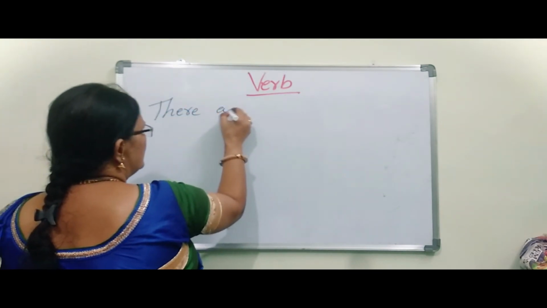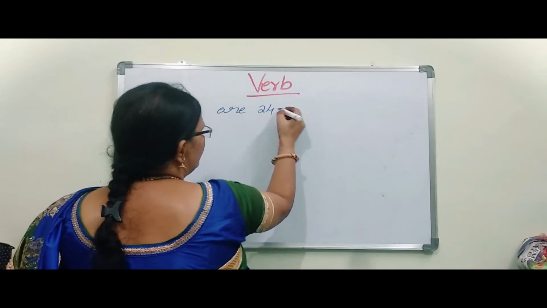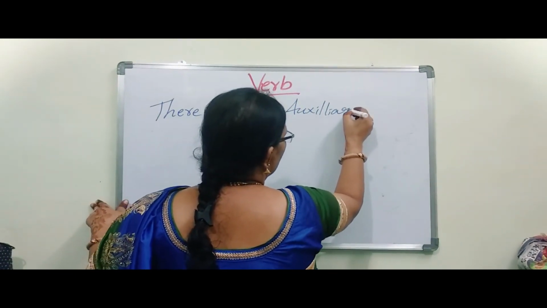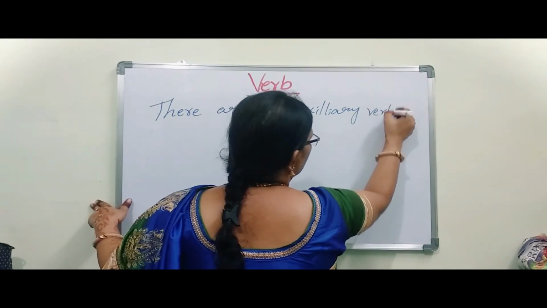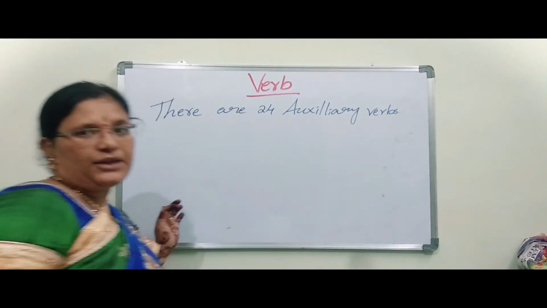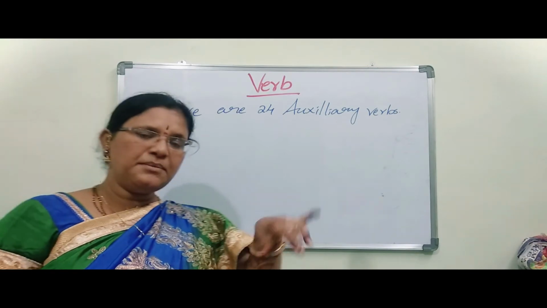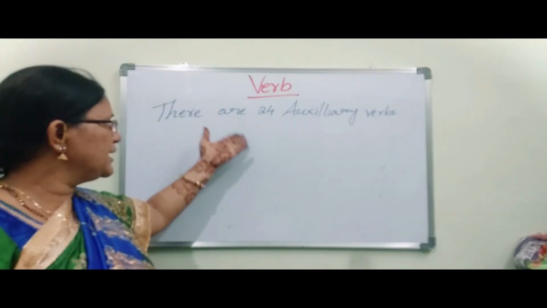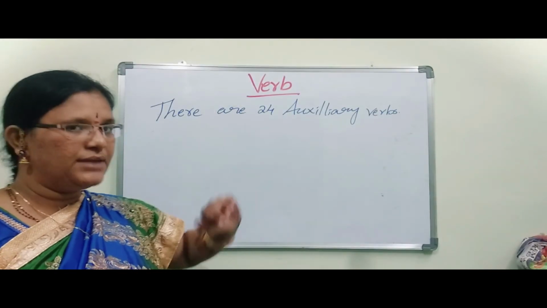There are 24 auxiliary verbs, primary and secondary together.